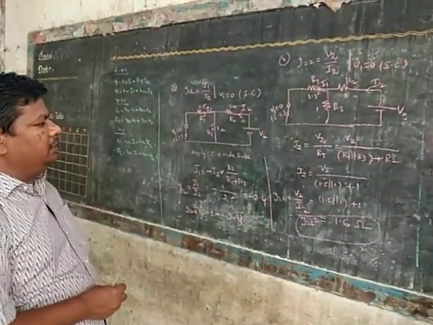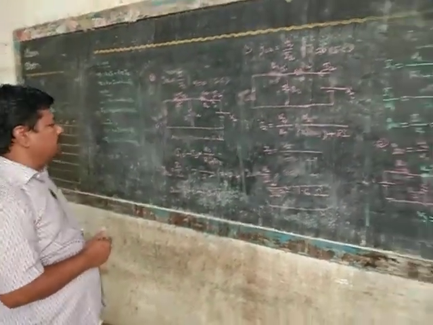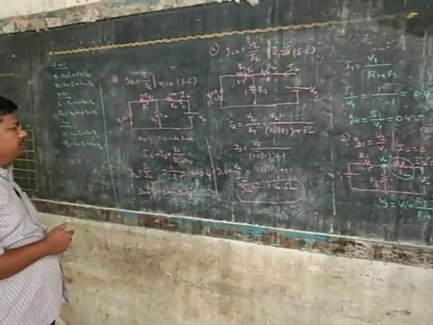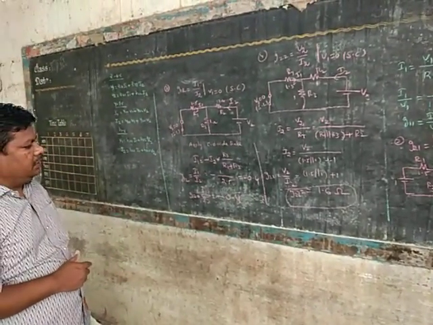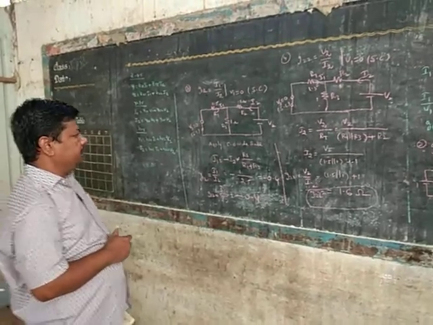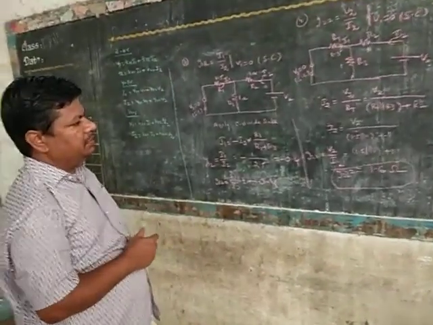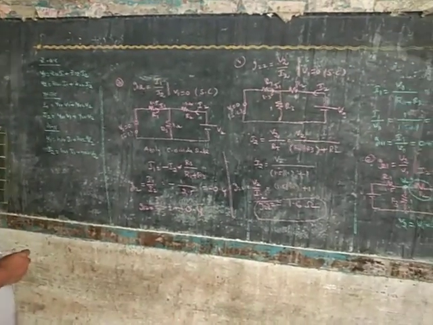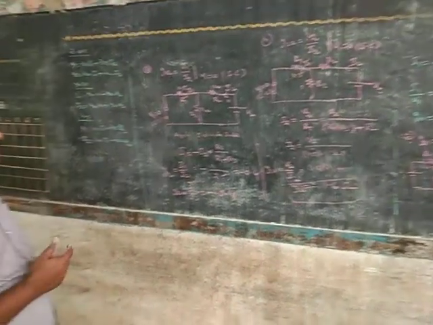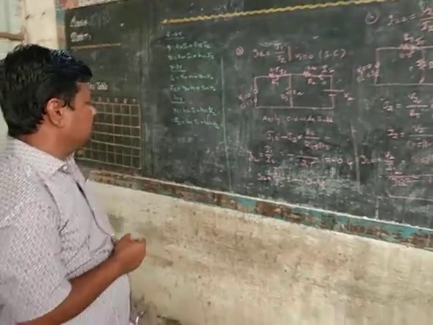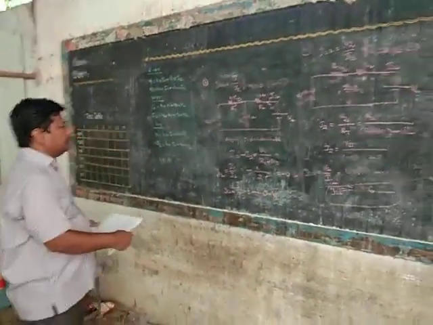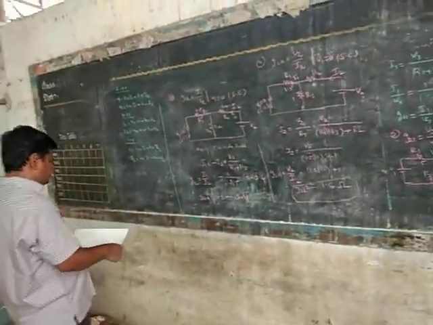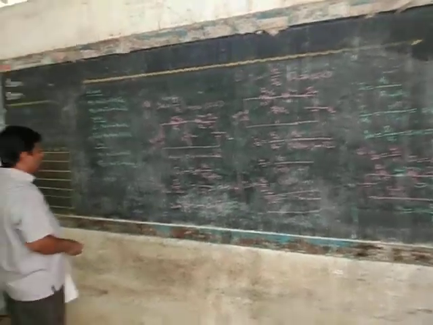Okay, these values are the same as the first method. In the first method, we first found the H parameters and from those H parameters we calculated the G parameters. The second method uses the short circuit and open circuit method. Again we calculate the values of the G parameters, or inverse H parameters, and we get the same values. Like that, we have to calculate the G parameters directly or indirectly.